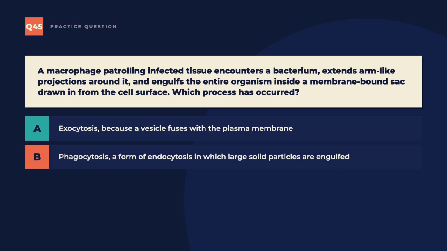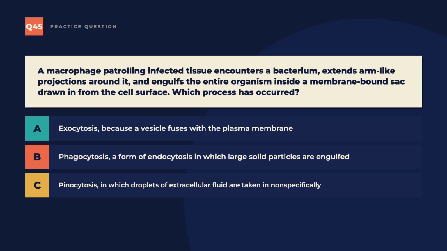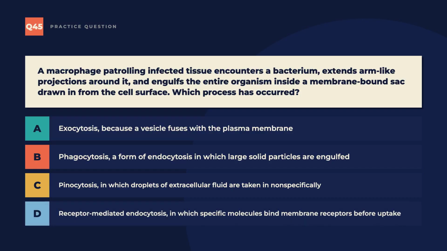B. Phagocytosis, a form of endocytosis in which large solid particles are engulfed. C. Pinocytosis, in which droplets of extracellular fluid are taken in nonspecifically. D. Receptor-mediated endocytosis, in which specific molecules bind membrane receptors before uptake.